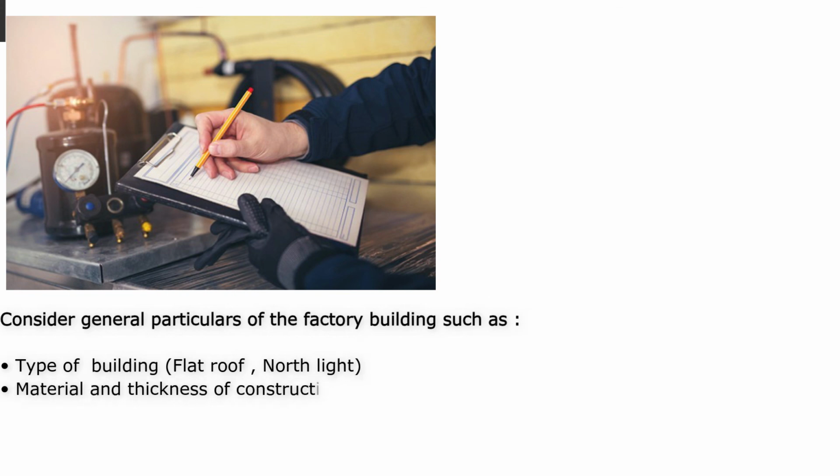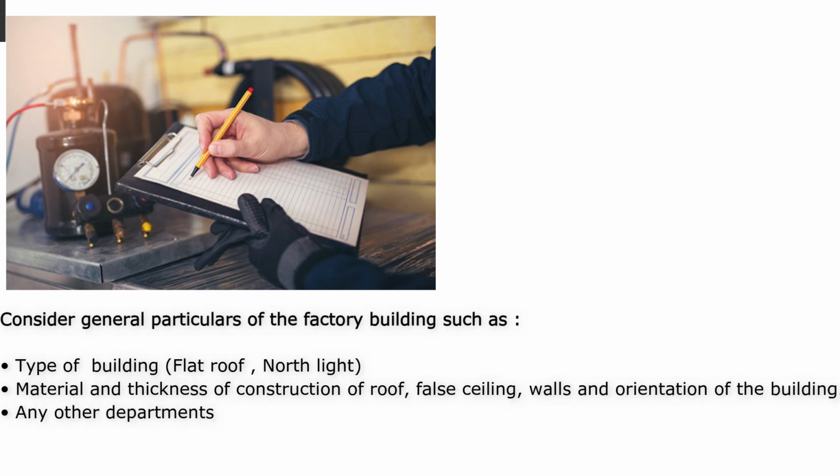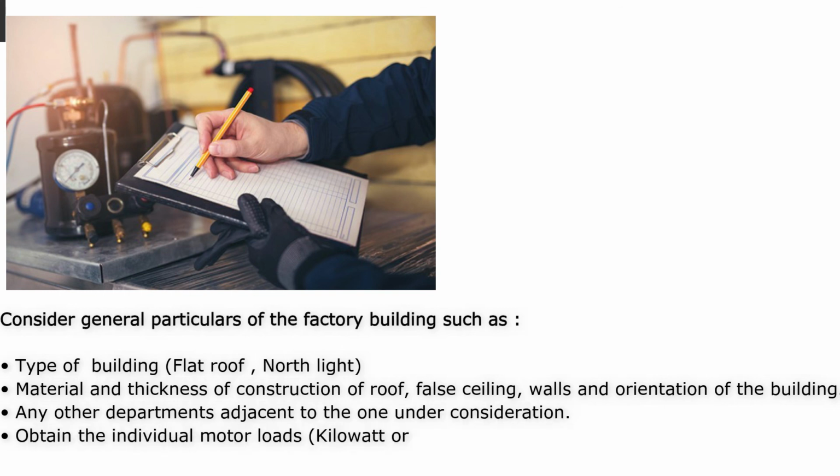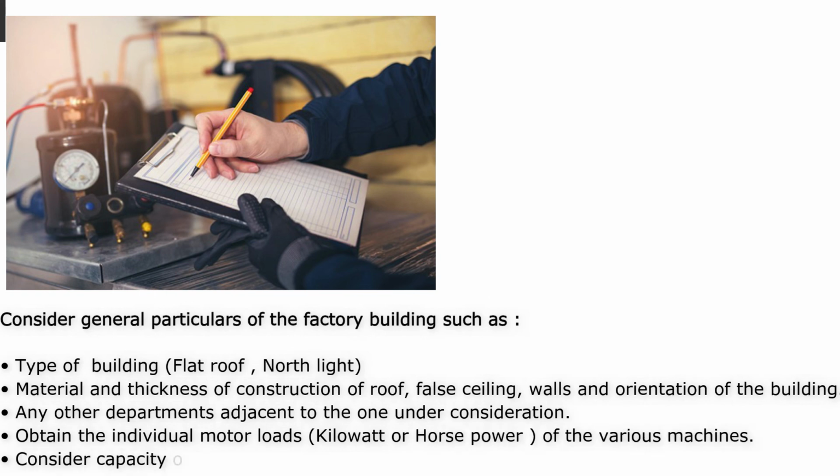Material and thickness of construction of roof, false ceiling, walls and orientation of the building. Any other departments adjacent to the one under consideration. Obtain the individual motor loads, in kilowatt or horsepower, of the various machines. Consider the capacity of existing humidification plants, if any.